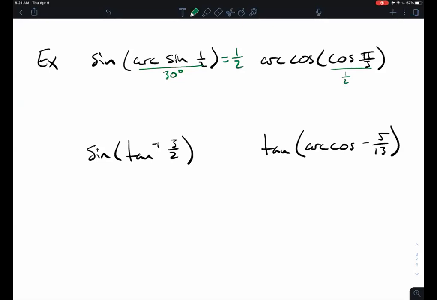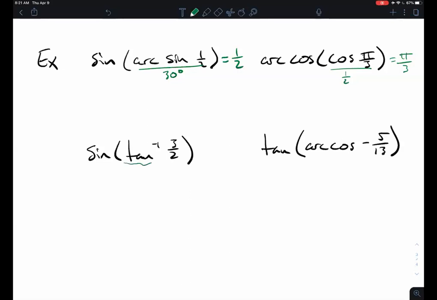Arc cosine of 1/2 is asking, what angle gets me 1/2? And it's going to be pi over 3, or 60 degrees. So those first two are pretty straightforward. They undo each other. Now, the next two look kind of difficult, maybe, but they're actually really great. I actually like these problems a lot.